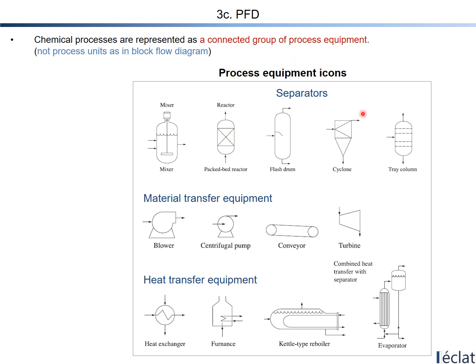So flash drum, cyclone, and distillation or tray column, those things are used for separators. Material transfer equipment would include blower, centrifugal pump, conveyor, and turbine.